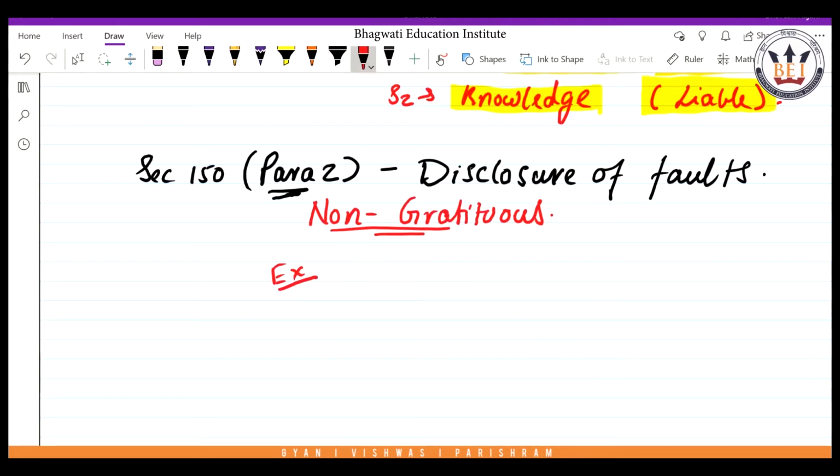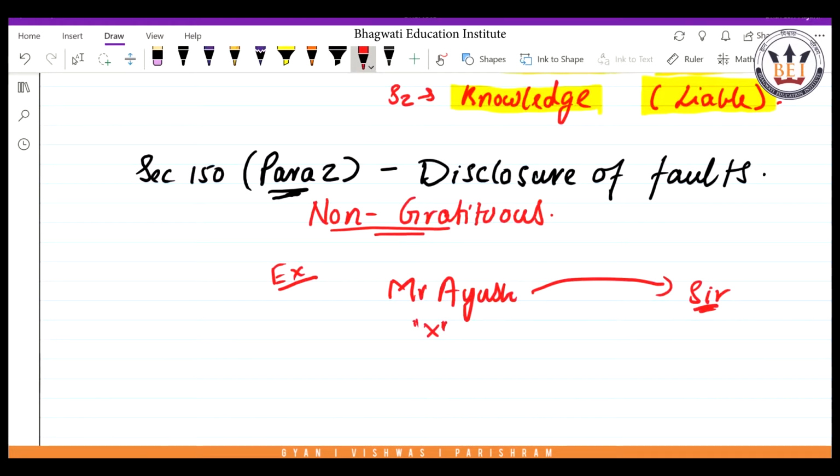The example we would be discussing over here: let us say there's one Mr. Ayush. He goes after his marriage on a honeymoon with Mrs. Ayush, so we'll put some X over here.